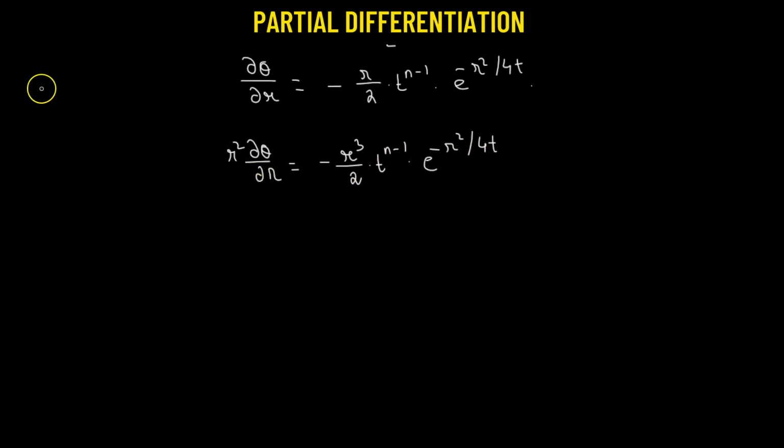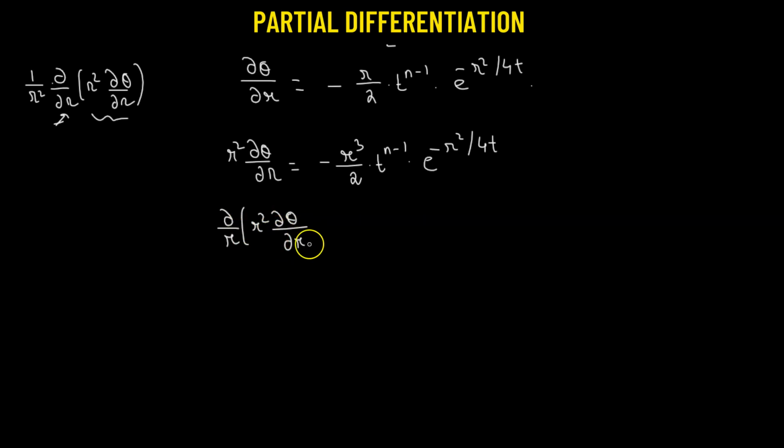Now let's write down the expression that we are trying to find: 1 over r squared multiplied by the partial with respect to r of r squared times the partial of theta with respect to r. We have already computed r squared times the partial of theta with respect to r. Now we'll take the partial derivative on both sides with respect to r.